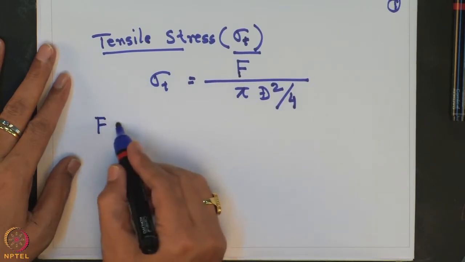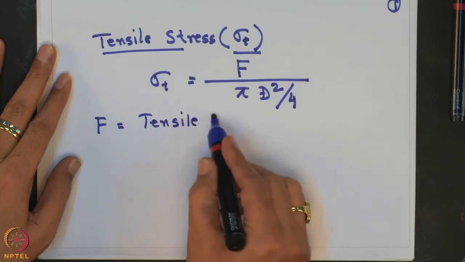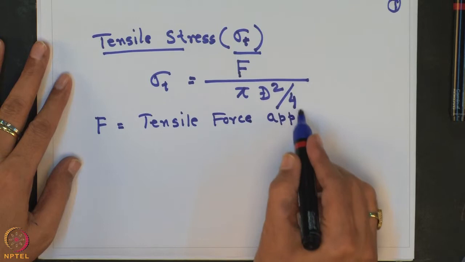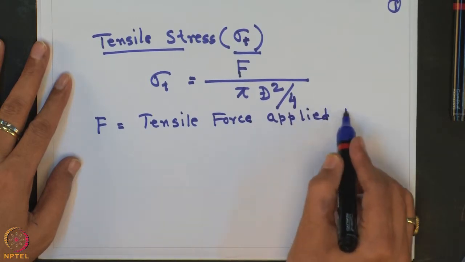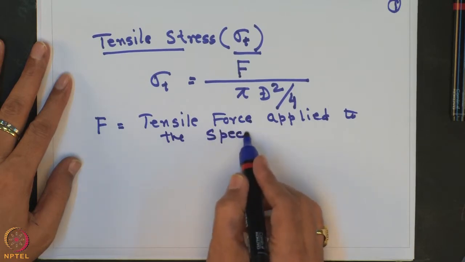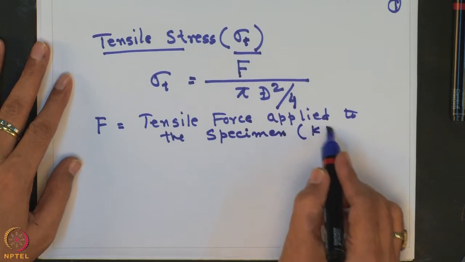F is the tensile force applied to the specimen, and the unit is kilonewton.